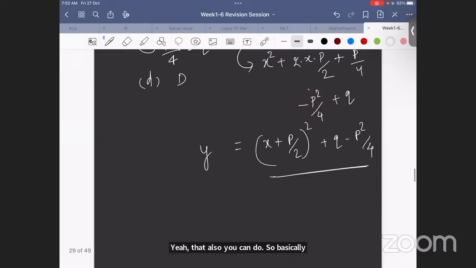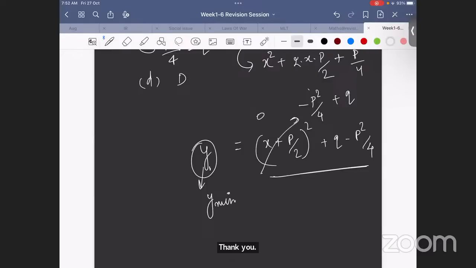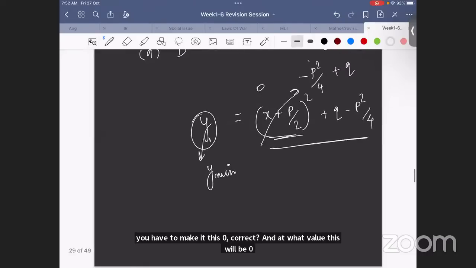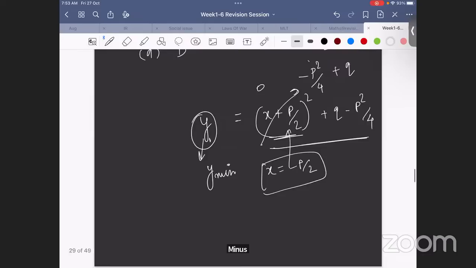So basically, we have to minimize this, right? Y minimum should be 0. At what value do you think y will be minimum? First, you have to make this 0, correct? At what value will this be 0? X equals minus p by 2. If you put this value, it will become 0.